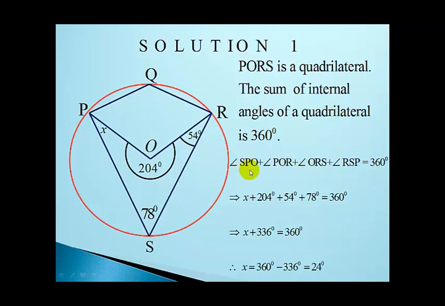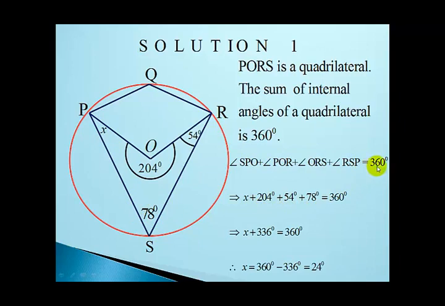So angle SPO, that's the angle X, plus angle POR, that is 204 degrees, plus angle ORS, that's the angle at R, 54 degrees, plus angle RSP, that's the angle at S, 78 degrees.